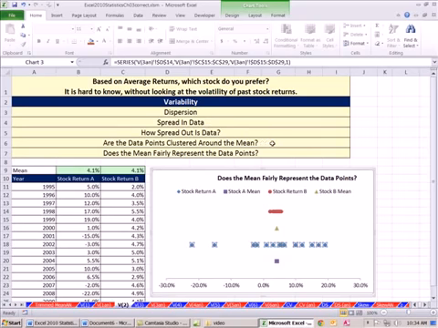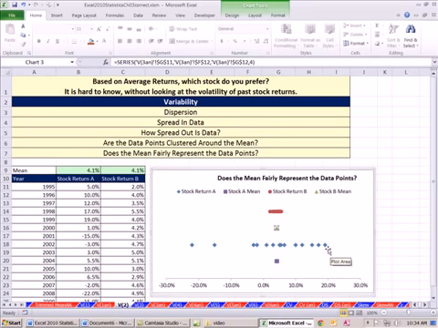An important question that variability answers is, are the data points clustered around the mean? Well, here's my 4.1, right? So any given year, I'm not going to have any big losses or big gains, but they're all going to be right around 4.1. Here, on any given year, wow, I might have a huge loss or a huge gain.